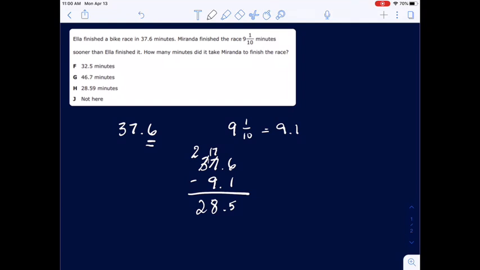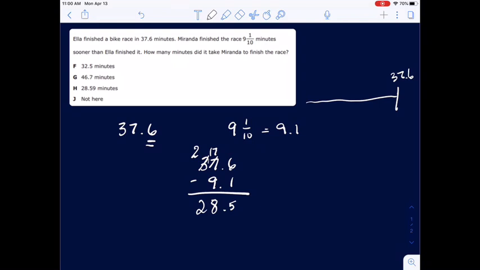So now let's look at G. Here's the problem with G. If I add these two times together, I get G. So I have to figure out, was I supposed to add, or do I think I really did need to subtract and I've done my work correctly? So let's think about the finish line of a race. Ella finished her race. So here's her race. Ella finished to the finish line at 37 6/10 minutes.